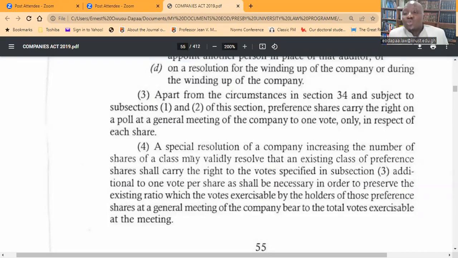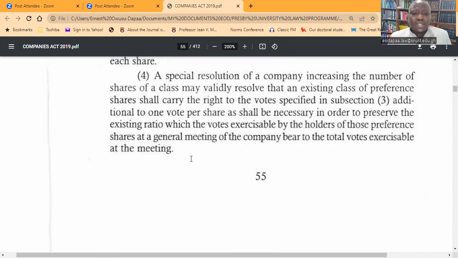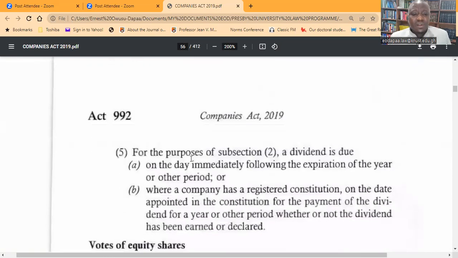So you don't dilute the special voting power of the class of shareholders with that special privilege. So let us keep that in mind.